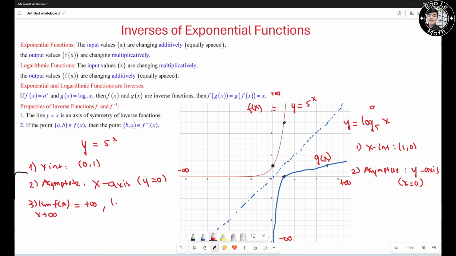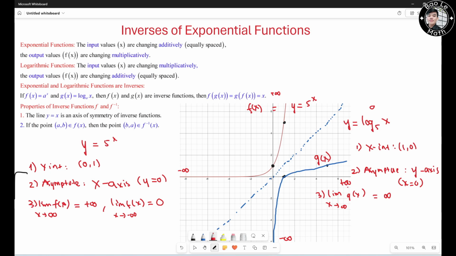Now, the limit of the function f of s when s approaches negative infinity. Look, when s approaches negative infinity, which means s goes further to the left, the function approaches 0 because it's getting closer to the s-axis. So this one should be equal to 0. Now for this function, the limit of the function g of s when s approaches positive infinity is going to be positive infinity, because the function is going up.